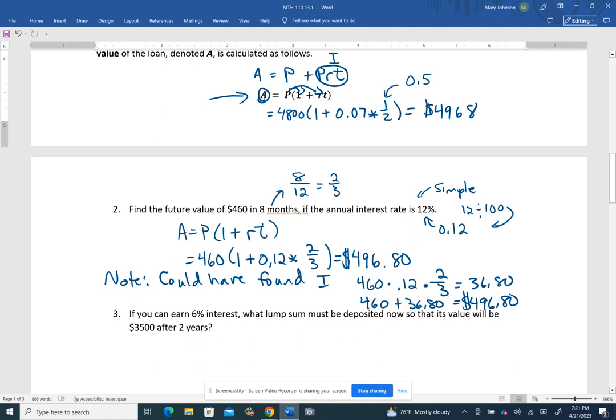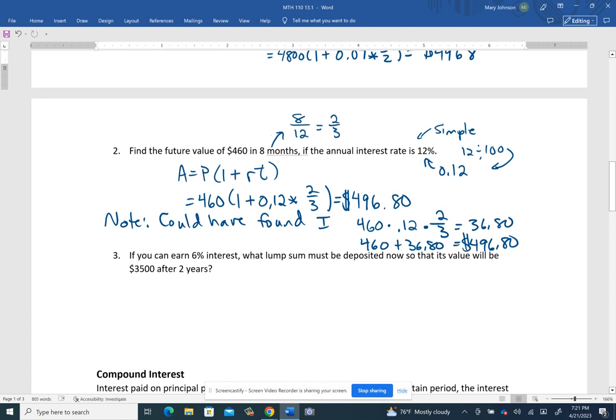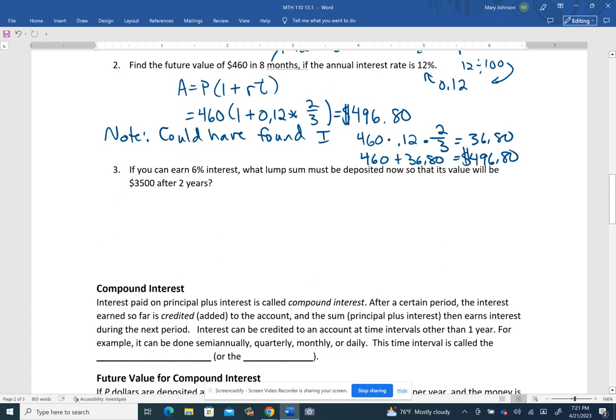Now, question number 3 is a little bit tougher, because on this one, we have an account where I can earn 6% interest. The question here is, what would we need to deposit now so that its value will be $3,500 after 2 years?